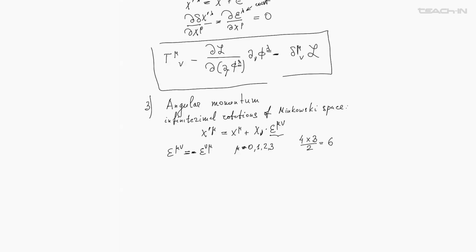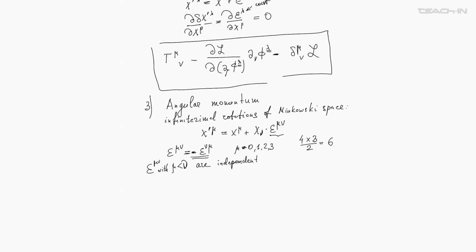And we have to take into account that only parameters epsilon mu nu with, say, mu less than nu are independent, because parameters with mu bigger than nu are found from this condition of antisymmetry.